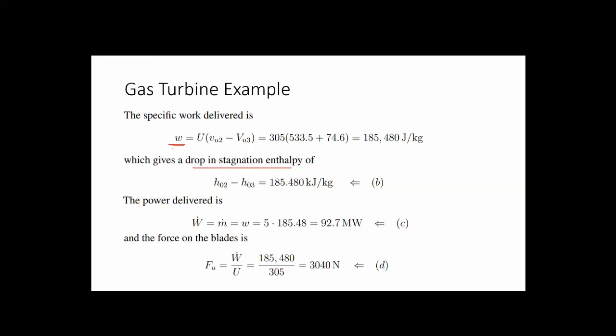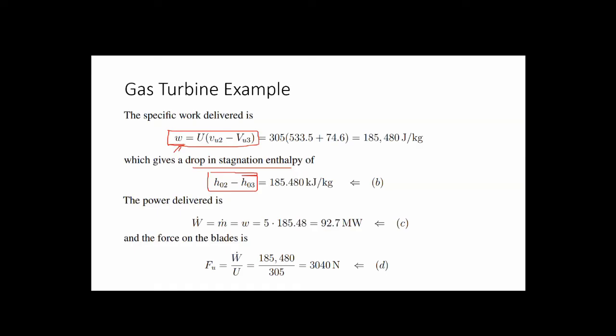So we can calculate specific work using this equation, and we can calculate the drop in stagnation enthalpy using this equation. But since we don't have the enthalpy values given in the question, we need to calculate the drop in stagnation enthalpy using the specific work equation.